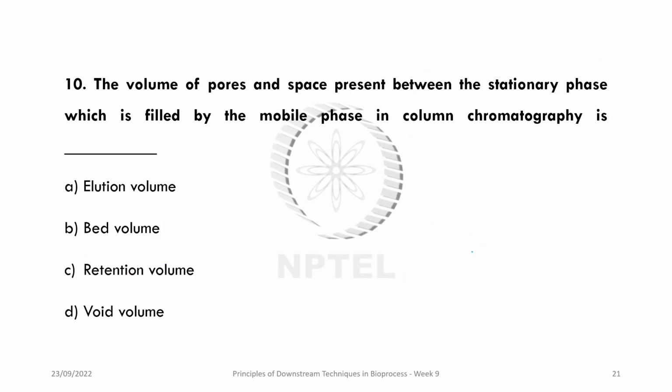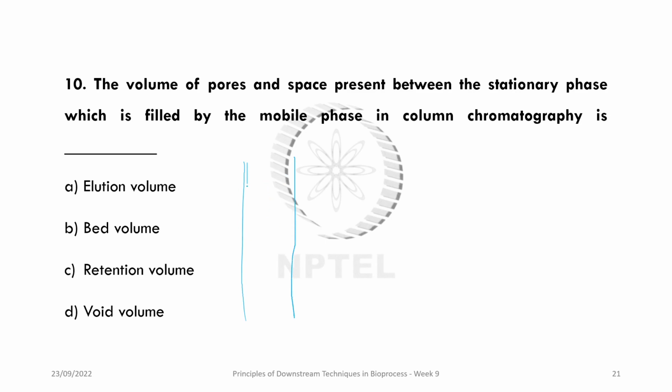Okay, last final question. The volume of pores and space present between the stationary phase, which is filled by the mobile phase in column chromatography. So again, you have one more column chromatography problem.